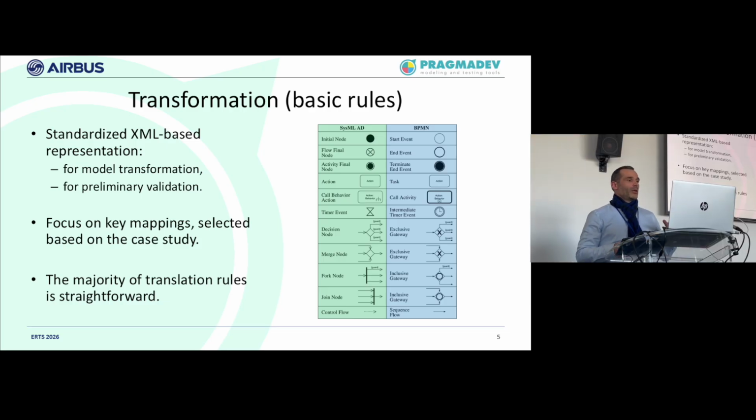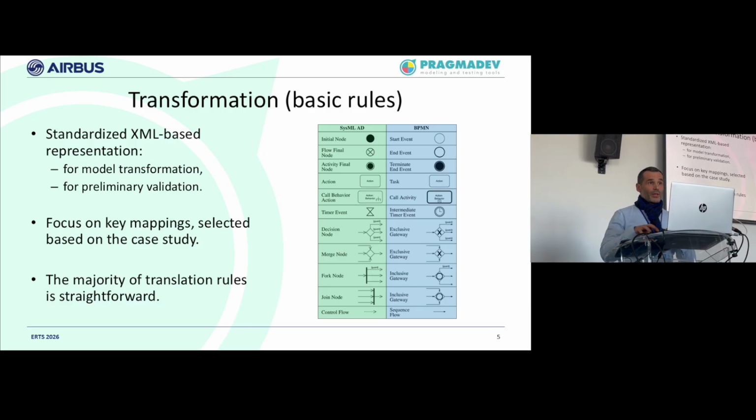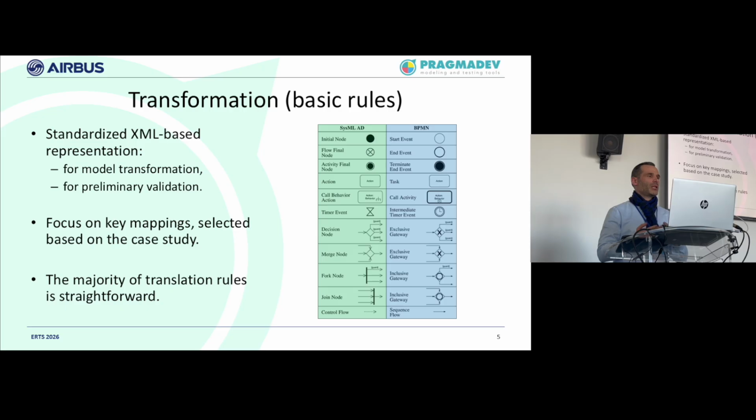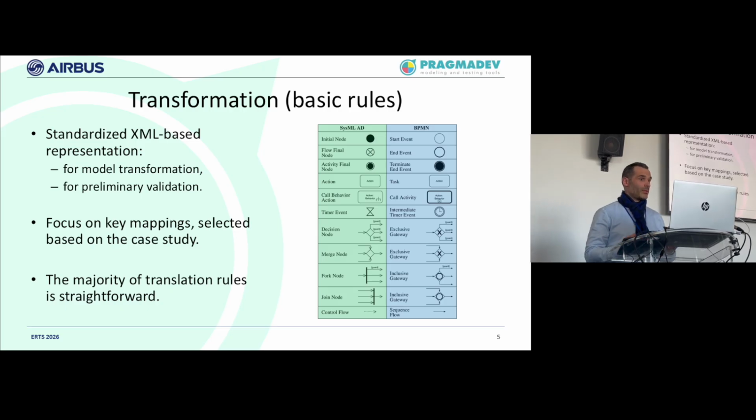So we try to work with that XML representation to go from one language to the other. This representation basically served us for the transformation itself, but also to carry out some preliminary validation via the standardized schemas provided by the OMG.